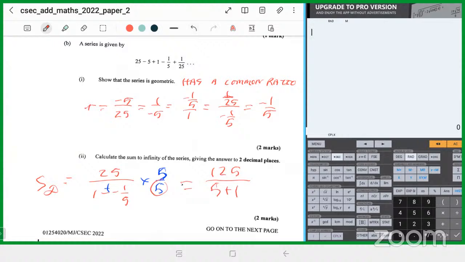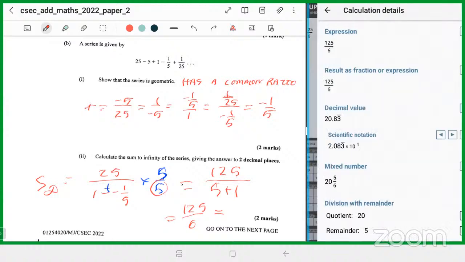So, 125 over 6. That's my answer. That's what I got. Oh, okay, 20.8. All right, so you can leave the exact value that you have here.